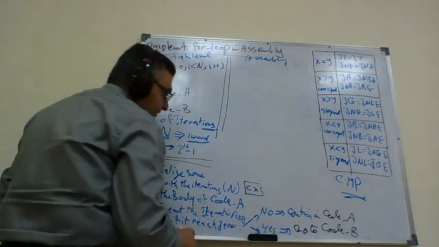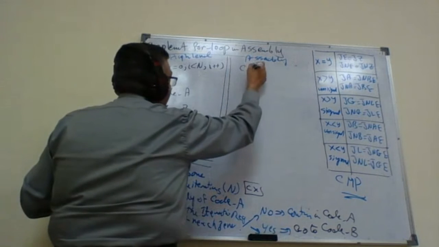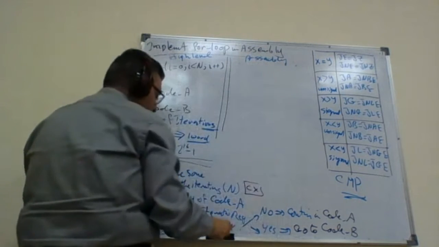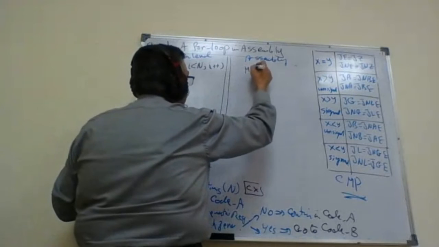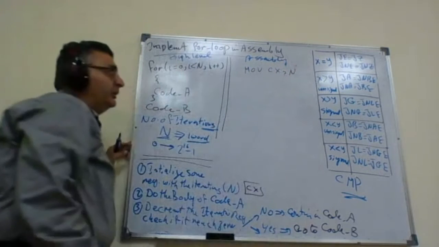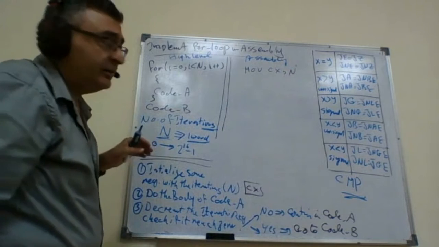So I will initialize CX. I have to move CX, comma, N. I initialized CX.